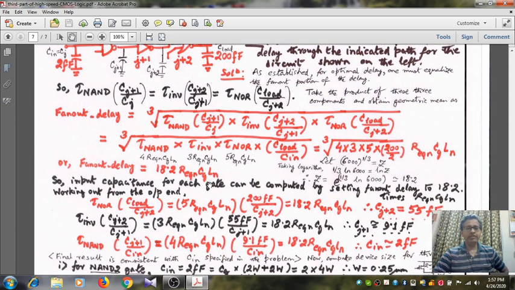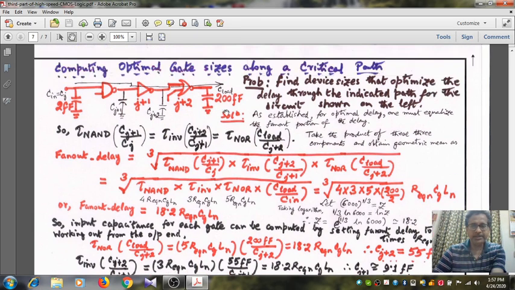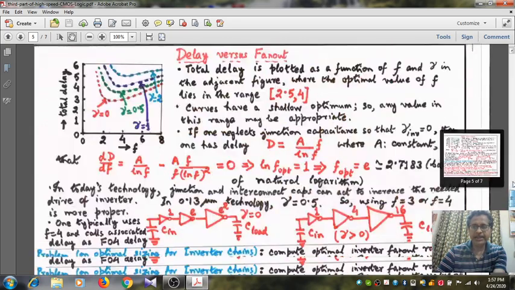By applying that we could find the input capacitance of the 2 input NOR gate, inverter and 2 input NAND gate, and then from the input capacitance we could find out the transistor size. So that's all, my dear friend.